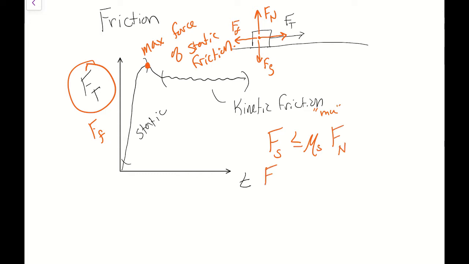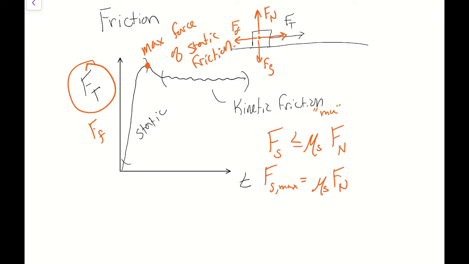With that idea, then the maximum force is equal to mu sub S times the normal force. We'll come back to that coefficient of friction in just a minute. So that force of static friction will increase until you get a maximum force. That's the force of static friction, maximum.